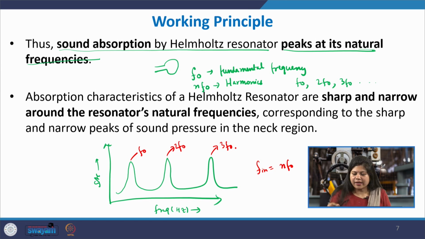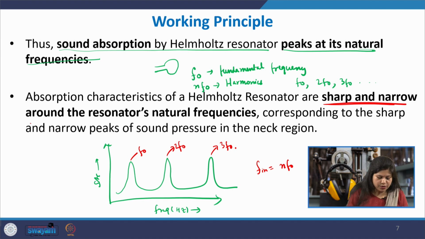So, the characteristic would be very sharp and narrow. It will not be a broad band or a very broad range kind of absorption. It would be a narrow absorption centered around the resonator's natural frequency.